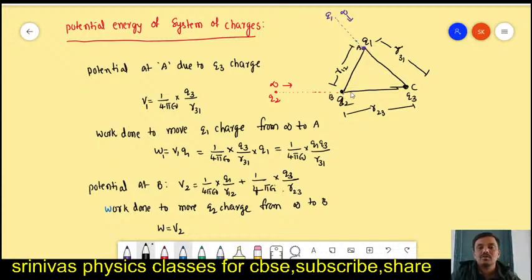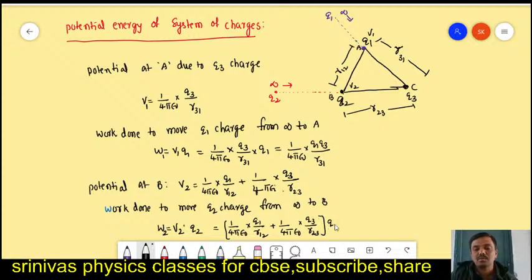Potential at Q2 is V2, potential at Q1 is V1. V2 into Q2, this is W2. And V2 formula is 1 by 4 pi epsilon naught into Q1 by R12 plus 1 by 4 pi epsilon naught into Q3 by R23, into Q2.